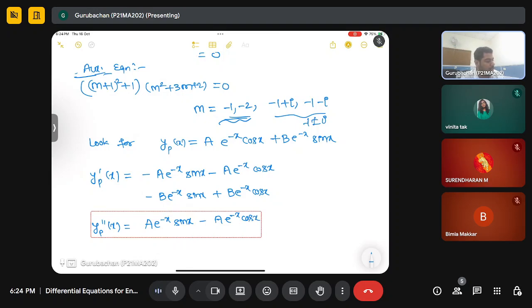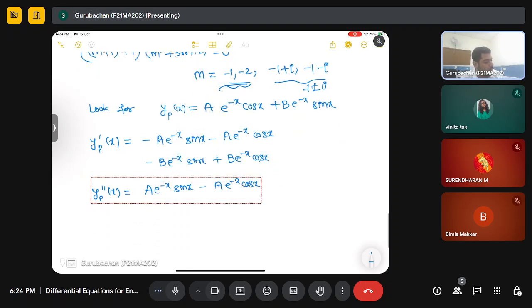The next expression will give you a e to the power minus x with the plus sign cos x.